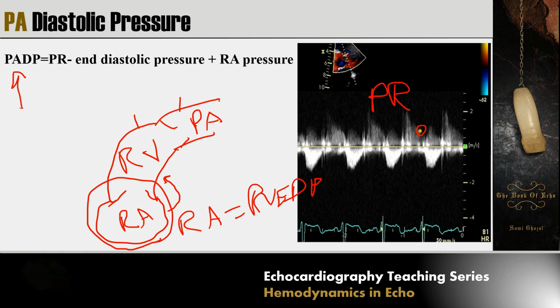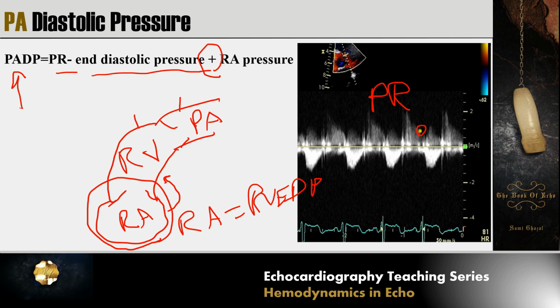So pulmonary artery diastolic pressure will equal the pulmonary regurgitation end diastolic pressure plus the RA pressure, because it is higher than RA, because the flow is from PA to RA or to RV. So it will equal pulmonary regurgitation end diastolic pressure, which is somewhere here. We have to measure this pressure here, adding to it the RA pressure.